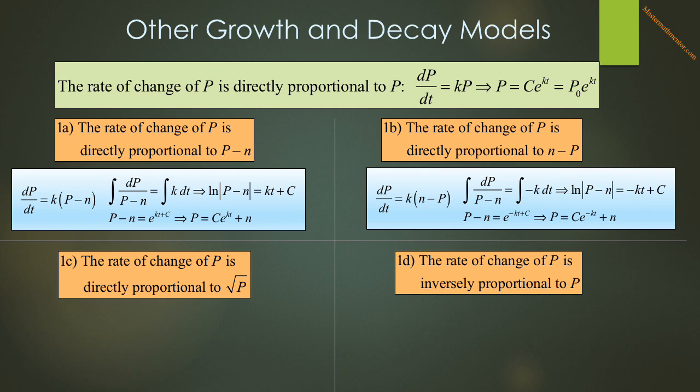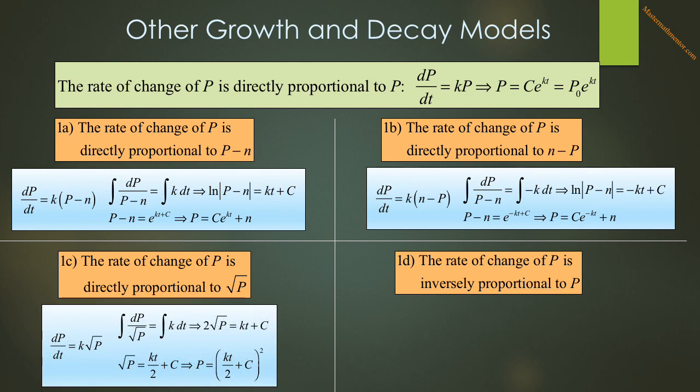This gives us the natural log of the absolute value of P minus n is equal to negative kt plus c, or P minus n is equal to e^(-kt+c). And our final statement is P is equal to Ce^(-kt) plus n. So this signals exponential decay, and the n will again raise the curve vertically.